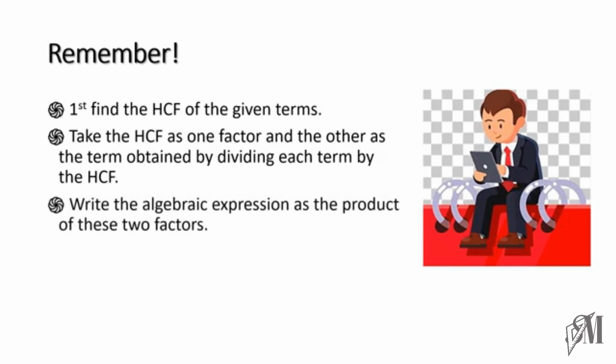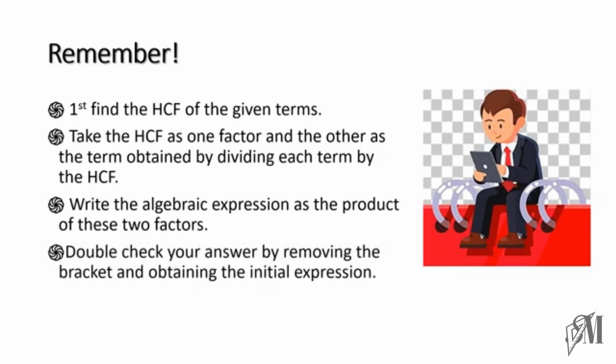And then write the algebraic expression as the product of these two factors you found above, that is the HCF and the part which you got by dividing the given terms by the HCF. And another important thing is you can double check your answers by removing the bracket and obtaining the initial expression. That is, once when you remove the bracket, if you are getting the first expression in the question, then you can make sure your answer is correct.